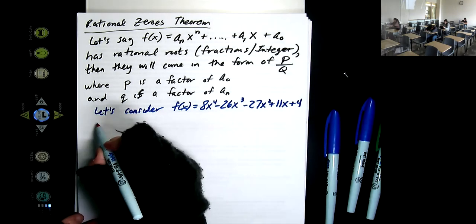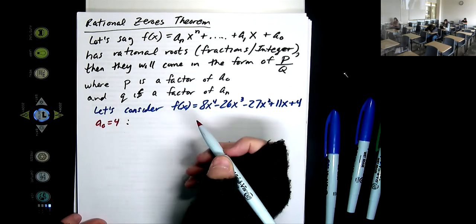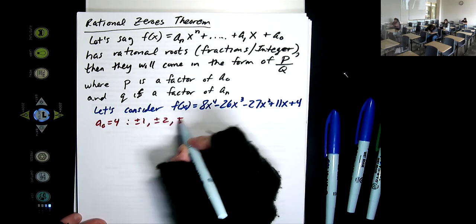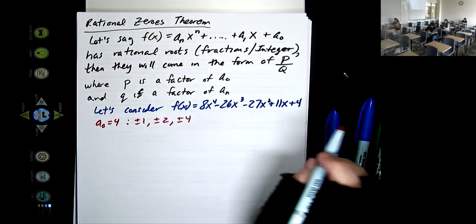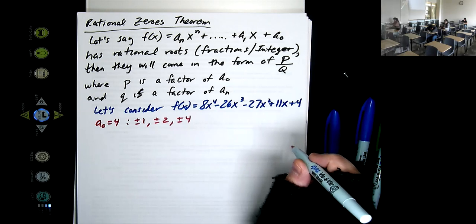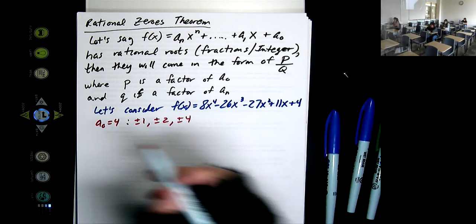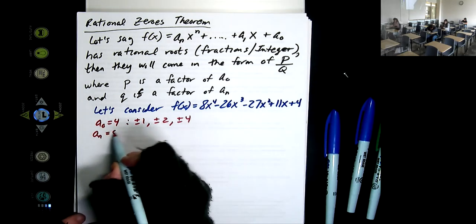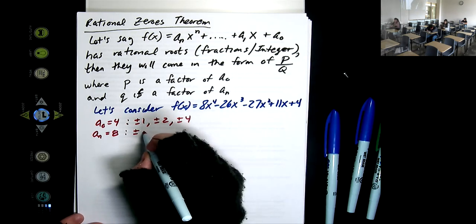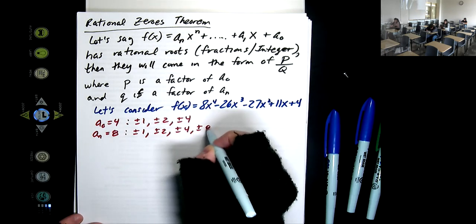My a sub 0 equals 4, and factors of 4 equal plus or minus 1, plus or minus 2, and plus or minus 4. My a sub n is 8, the number in front. So factors of this are plus or minus 1, plus or minus 2, plus or minus 4, and plus or minus 8.